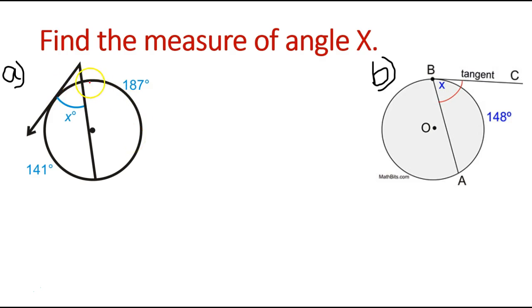So we're going to add arc 187 plus arc 141 and then subtract from 360 to get what is here. And it's going to be 32. Okay, so we need that, and then the external angle is going to be 1/2. Since it's outside, we subtract the big arc minus the smaller arc.